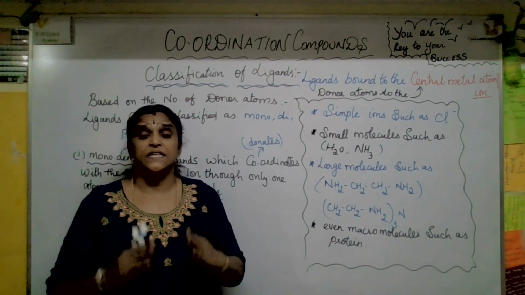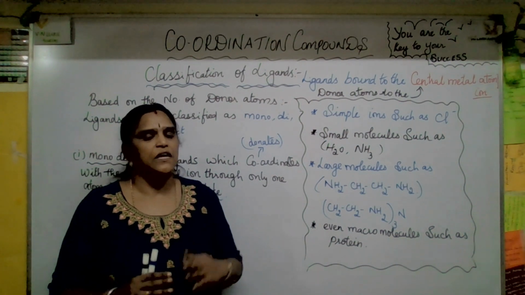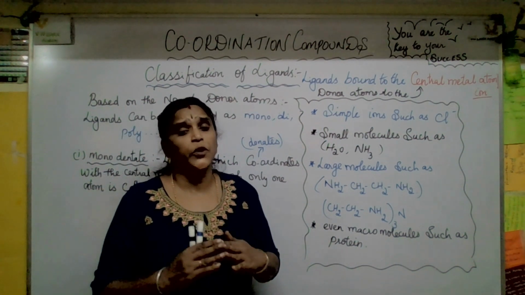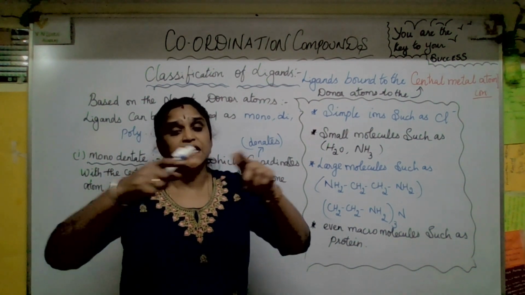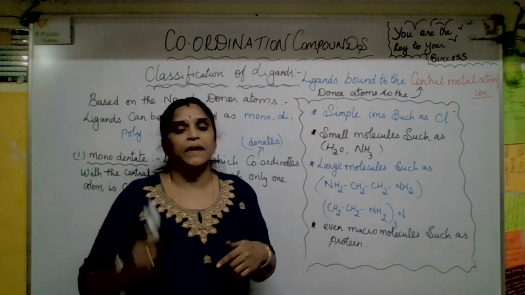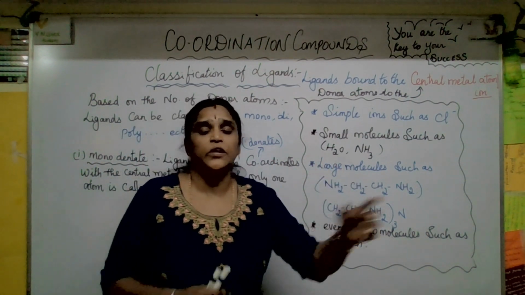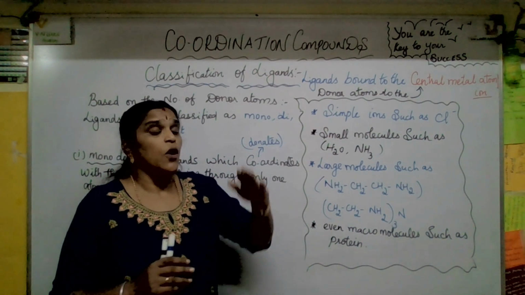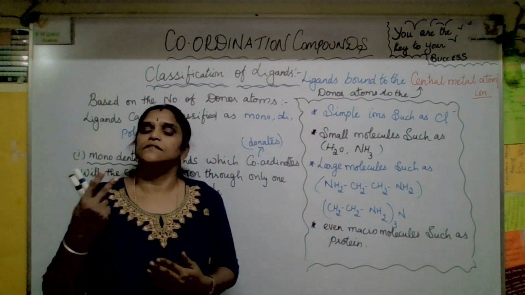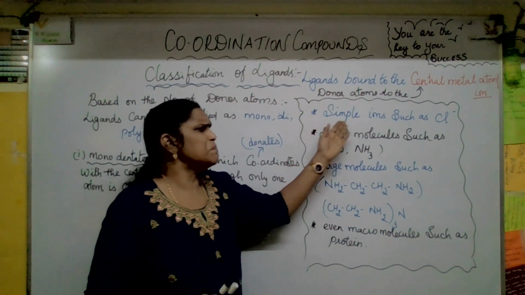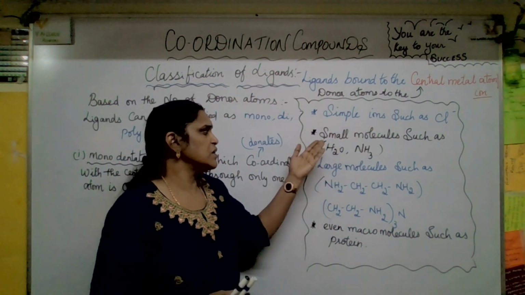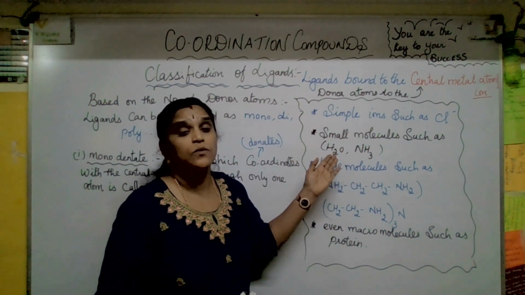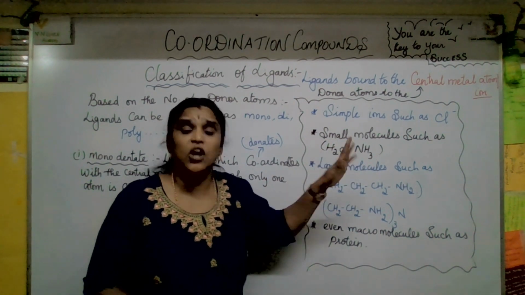Now we are going to see the classification of ligands. Already you know very well what a ligand is: the one which is surrounded by the central metal atom, and which is actually a donor atom to the central metal ion or atom. Now how can we identify ligands? Simple ions such as chloride ion, small molecules such as water and ammonia, these are all ligands.